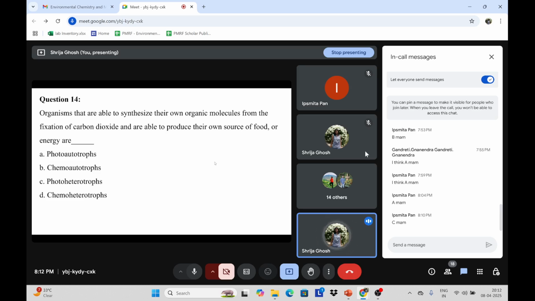What do you think is happening in this question? Organisms that are able to synthesize their own organic molecules from the fixation of carbon dioxide and are able to produce their own source of food or energy are.